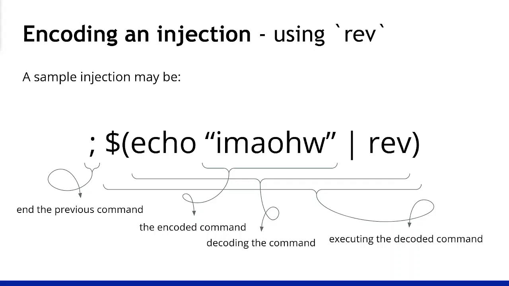And what it does is that it would reverse the order of characters within a string that comes in through standard input. So if we just echo IMAOHW into rev using this pipe, which is this little skinny line before rev, it will reverse it and it'll print the string who am I.